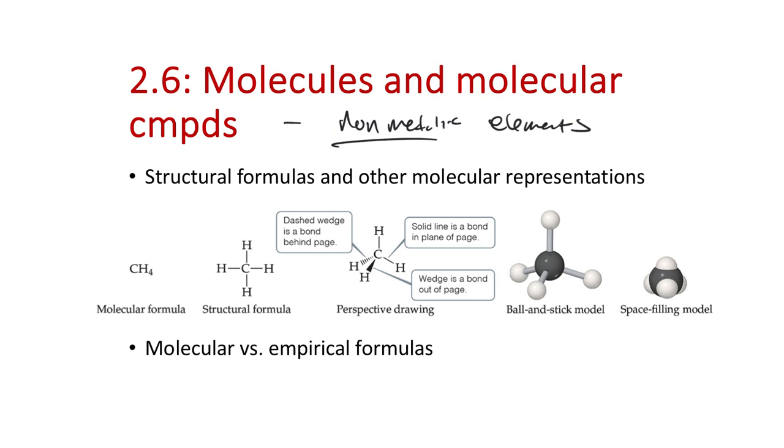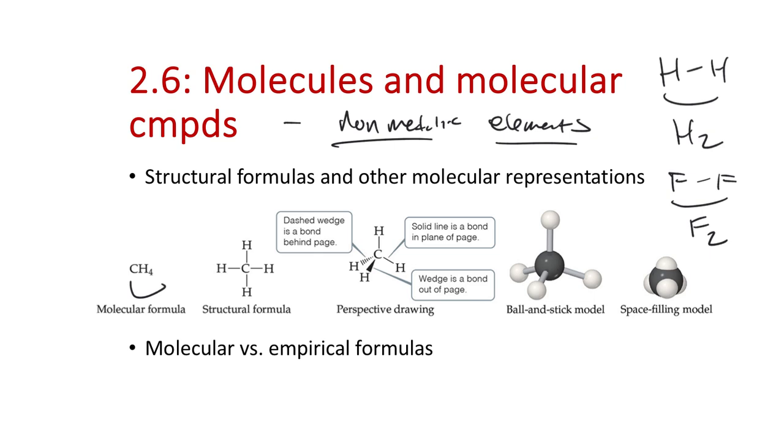Non-metallic elements will bond with each other to make molecular compounds. Some simple examples could be the H2 bond in hydrogen, the F2 bond in fluorine, or the bonding in something like CH4. Now the actual sketching of Lewis structures, like the way I'm sketching H2, F2, or O2 with a double bond, these are topics from chapter 8.